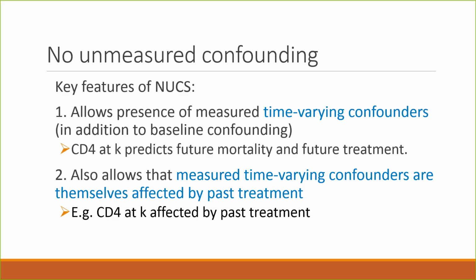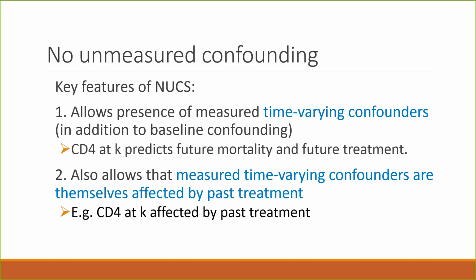There are two important features of the assumption of no unmeasured confounding that motivate our use of the G-formula for these types of questions and in this type of data. First, no unmeasured confounding allows for the situation where we have so-called measured time-varying confounders in addition to baseline measured confounders.